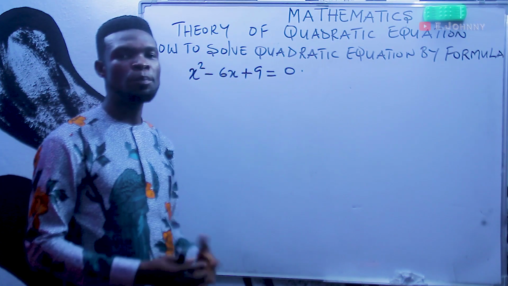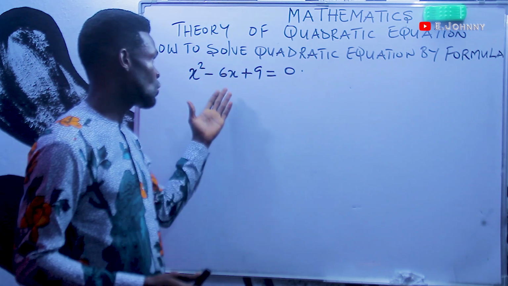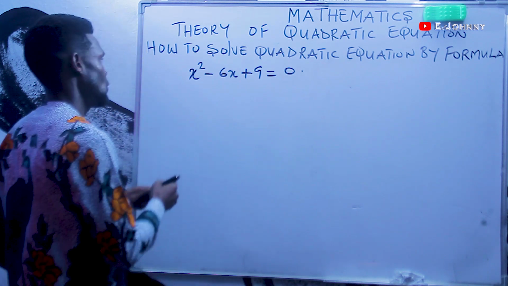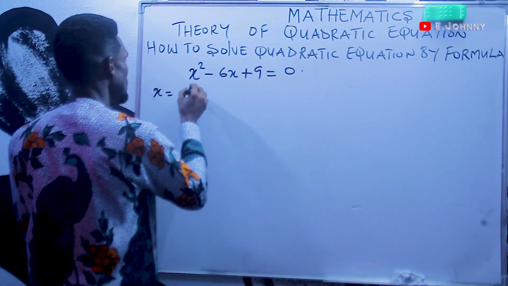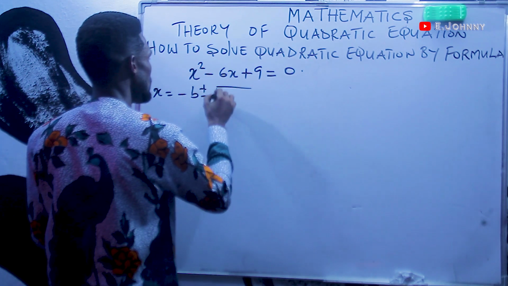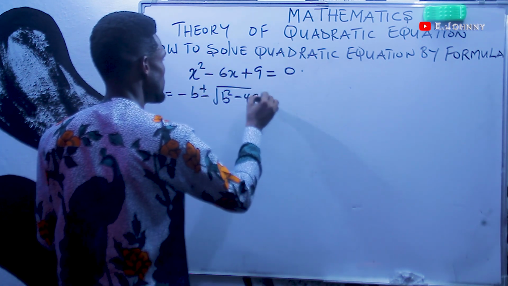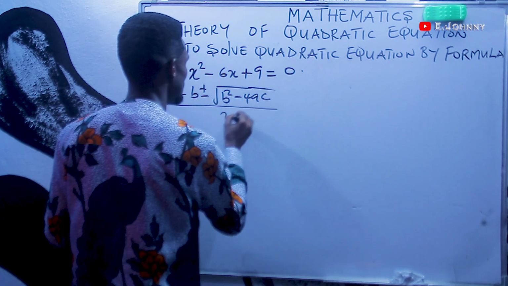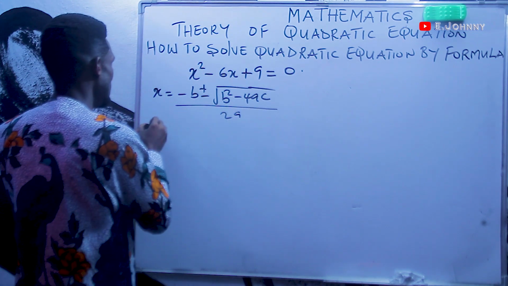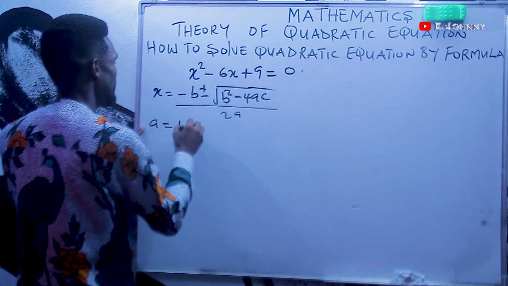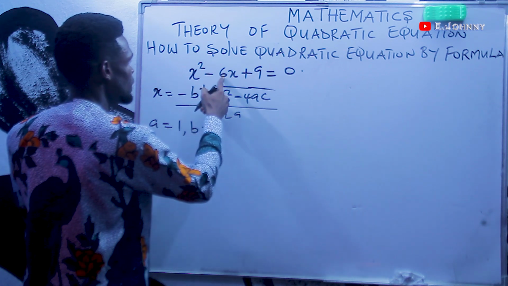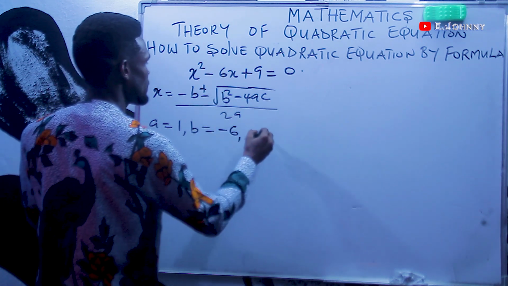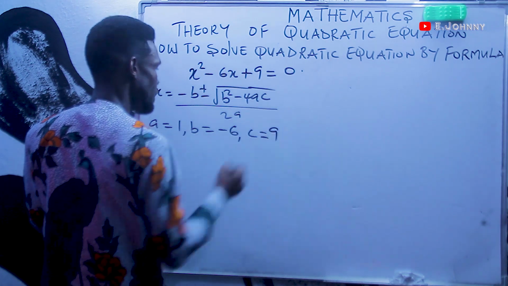Okay, this is example number 2. We are still going to use the quadratic formula, which says that x is equal to minus b plus or minus the square root of b squared minus 4ac, all over 2a. So let's analyze. You can see that a will be 1, b will be minus 6, and c will be plus 9.